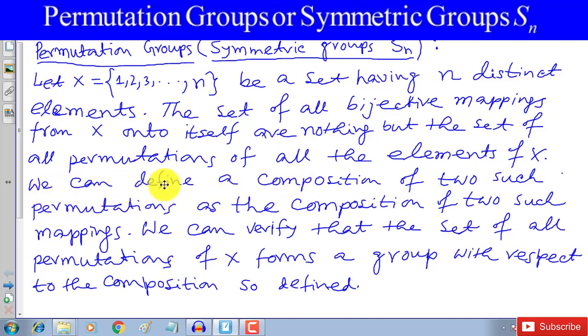We can define a composition of two such permutations as the composition of two such mappings. We can verify that the set of all permutations of X forms a group with respect to the composition so defined.